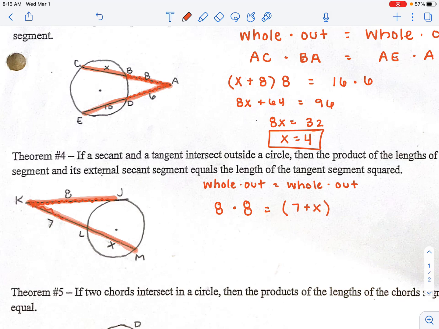The outside portion of this is just from K to L, which is just 7. So we're going to go ahead and solve this problem. 8 times 8 is 64. If I distribute that 7 in, I get 49 plus 7x. Subtract the 49, I get 15 equals 7x. And then divide by 7, I get 2.14 equals x.